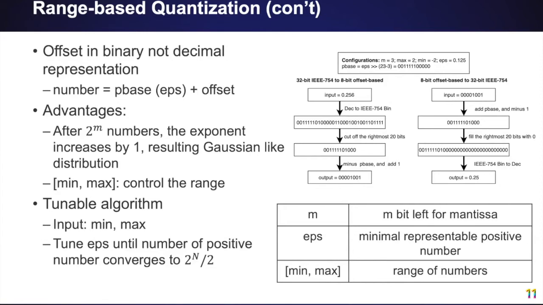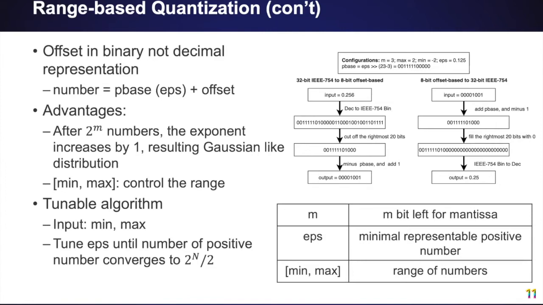M is the number of bits left for the mantissa, and in the example, we set it to 3. EPS is the epsilon, and is set to 0.125. First, we convert the EPS into binary, and cut off the rightmost 20 bits, and then we get the binary number that is p-base.